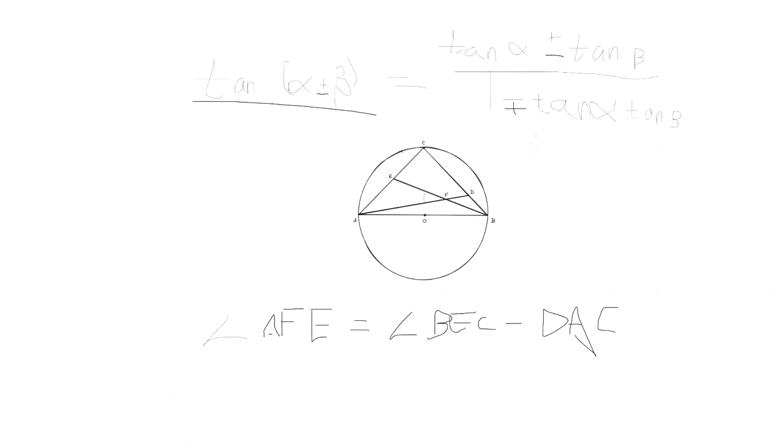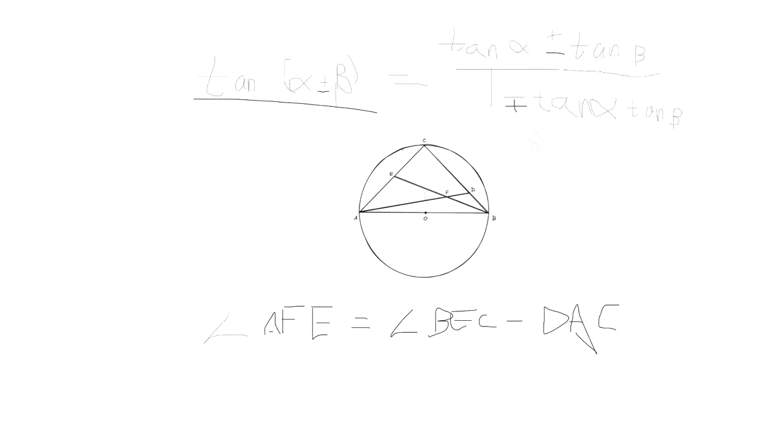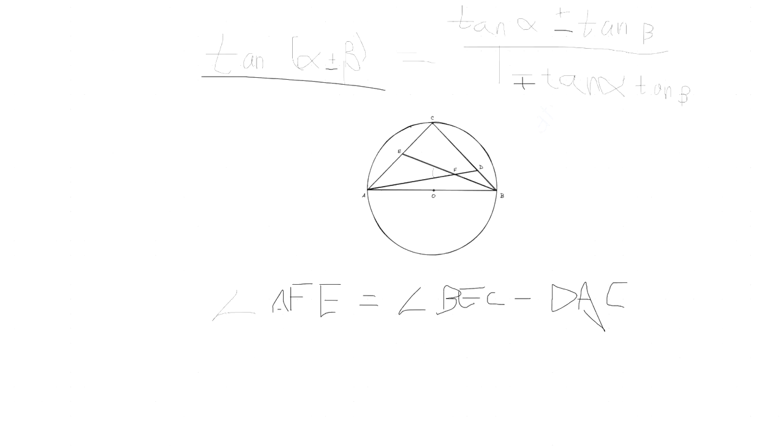To calculate tan BEC and tan DAC, you already have the side lengths of DC to DB and also CE to EA. So ABC is also equal to BC, right? Question: how did you get that AFE is equal to BEC minus DAC? Okay, I'll explain.